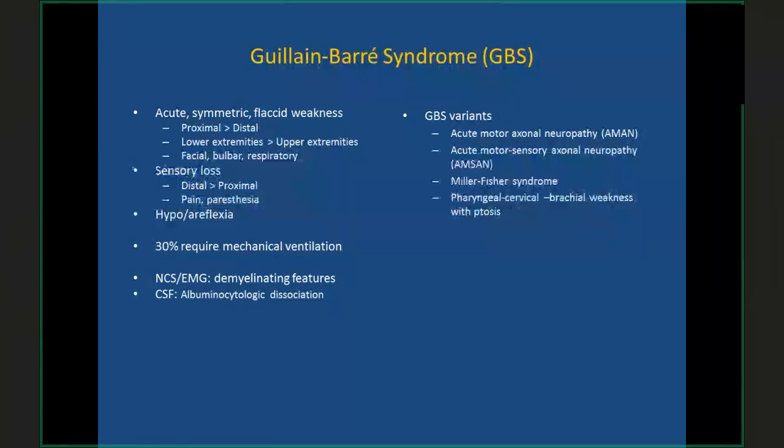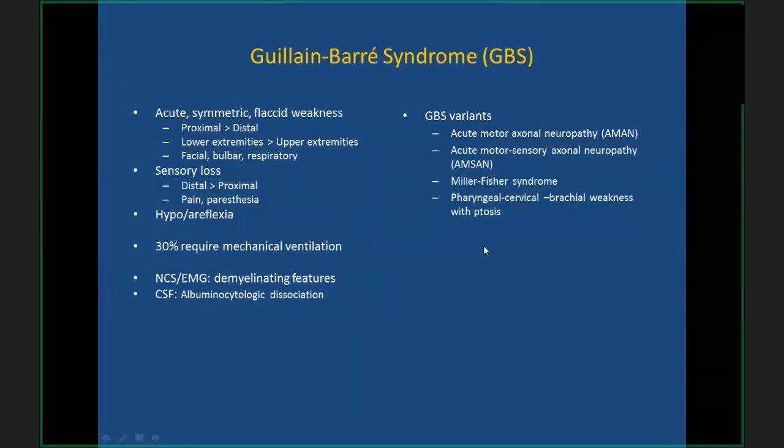If you do an EMG nerve conduction study, the typical GBS patient will show demyelinating features like prolonged latency and slow conduction velocity, with relatively normal amplitude. If you do a spinal tap, the CSF study in typical cases shows albuminocytologic dissociation, especially after 1 or 2 weeks; the CSF usually shows typical findings.